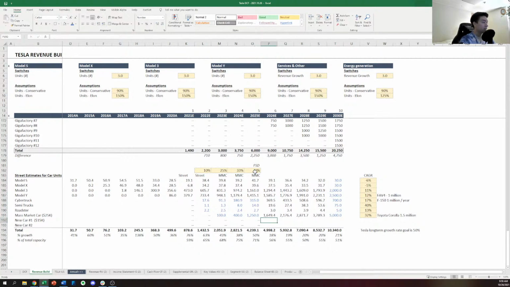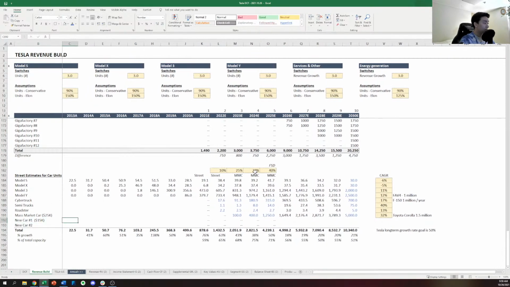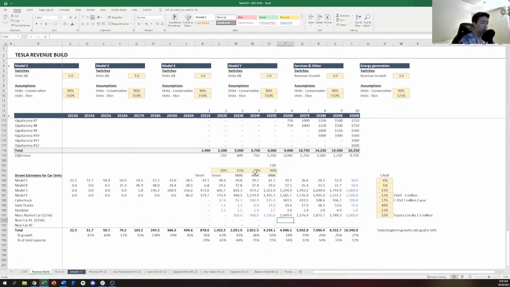Gotta save. All right, now we're at the new car, which is another mass market car, 15,000, it's going to be a lot cheaper. I'm going to assume that in their first production year, they've become very, very efficient in 2026. So let's see what they have done in the past. 1.8 thousand in 1 year, then ramp up to 150.